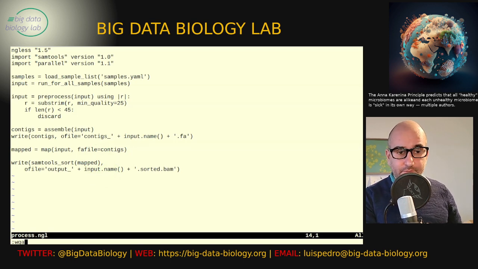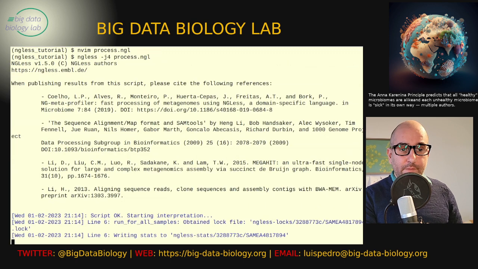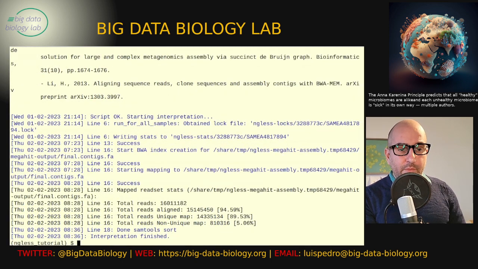Now we are going to run NGLess with 4 processors on process.ngl, and there it goes. You can see it says it runs for our samples and writes a log file. This does take a while, so I'm going to skip ahead, and here's the end.